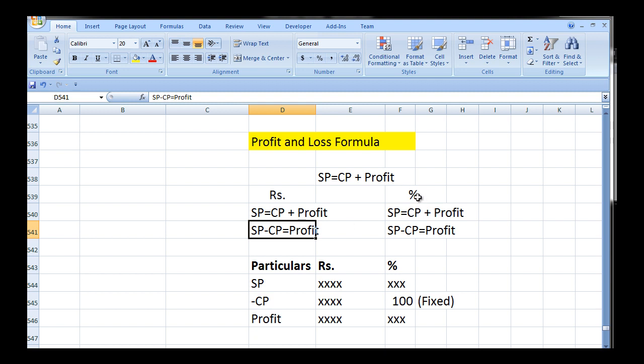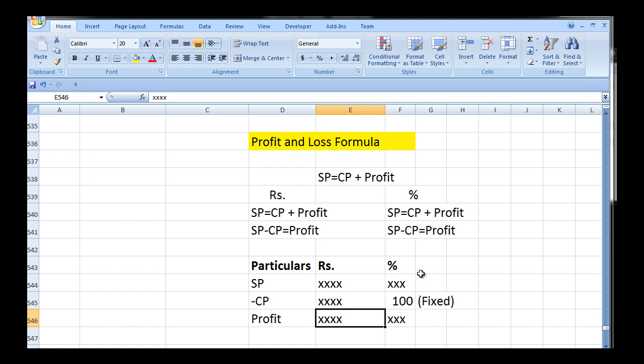and also in percentage. Now we are going to write all the equations in a vertical form, namely particulars in one column, rupees in another column and percentage in another column. So SP minus CP gives profit is one column under particulars, and we must write the selling price rupees, cost price rupees and also profit in rupees in another column.